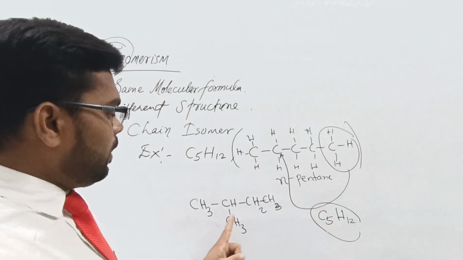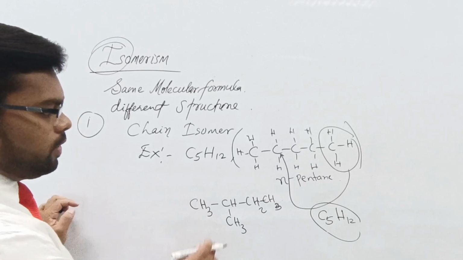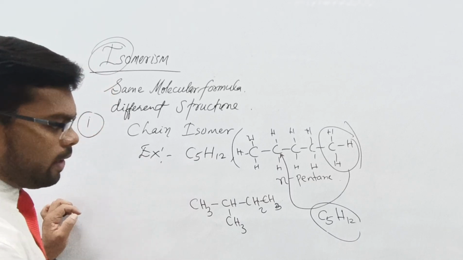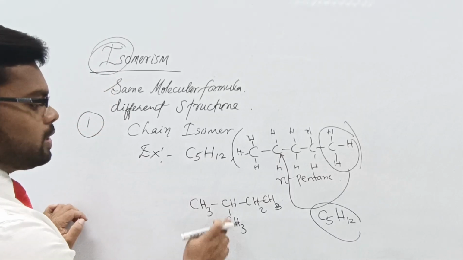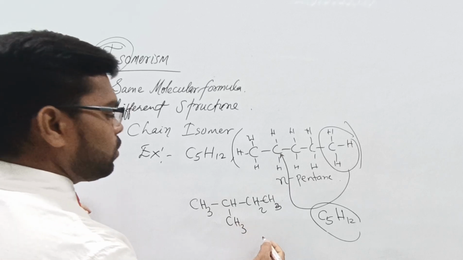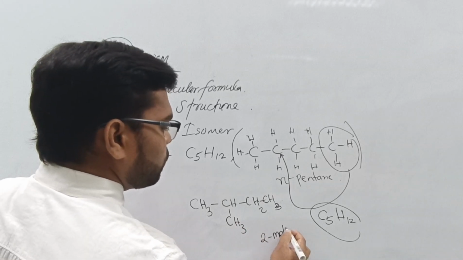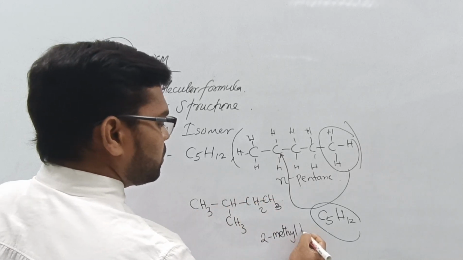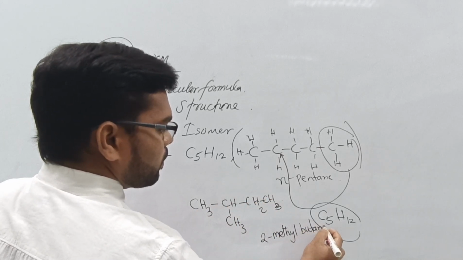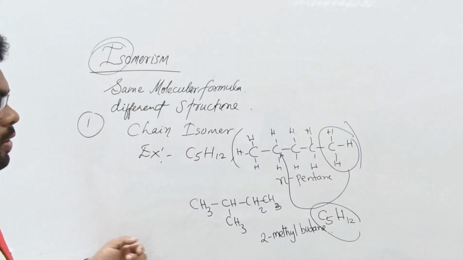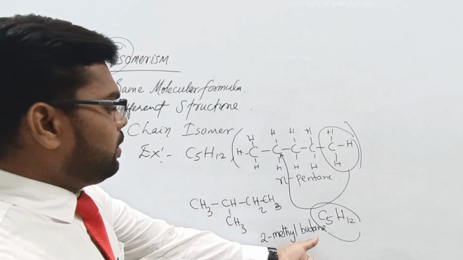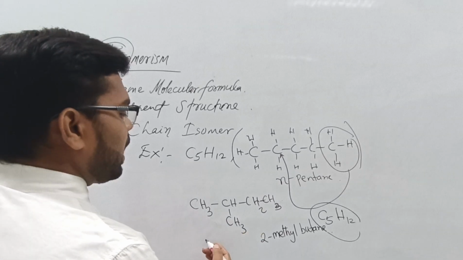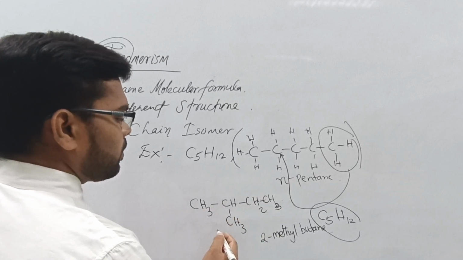Same formula, but if you name the structure, this is the parent chain 1, 2, 3, 4, and in the second position there is a methyl group. So we can name it 2-methylbutane.